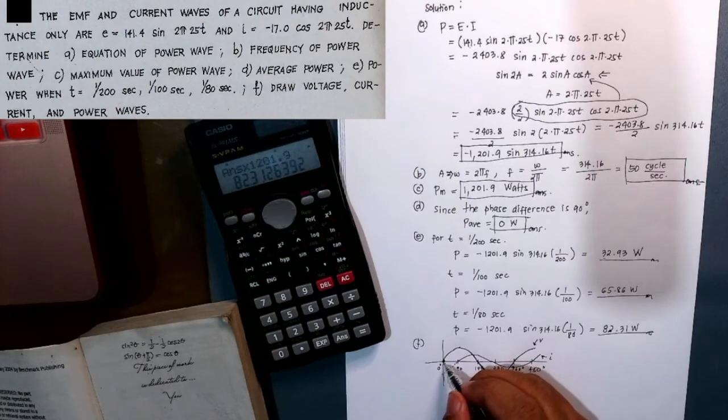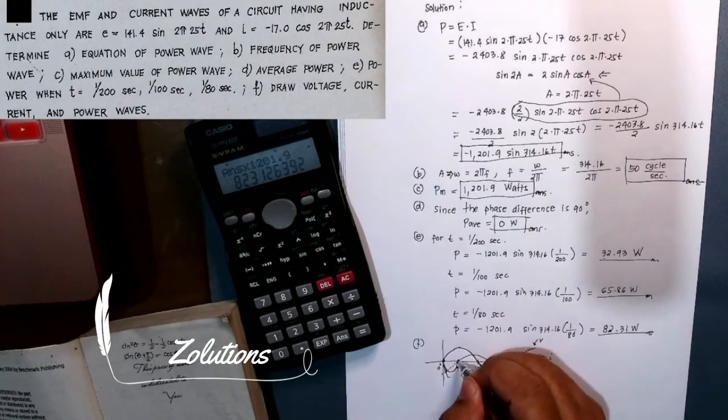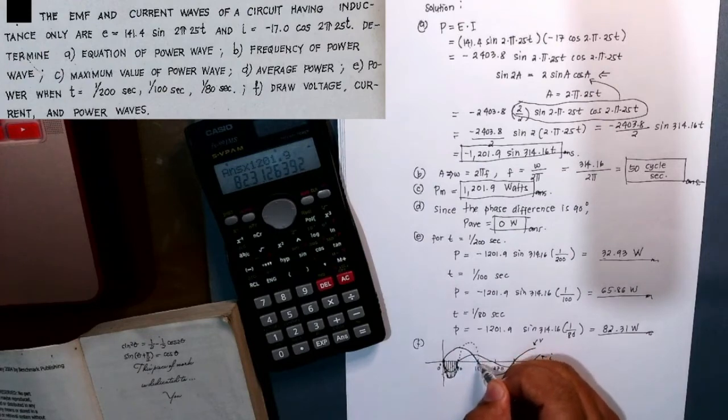So the power from 0 to 90 will be here. And from 90 to 180, the voltage and the current are all positive, so it will just be here.